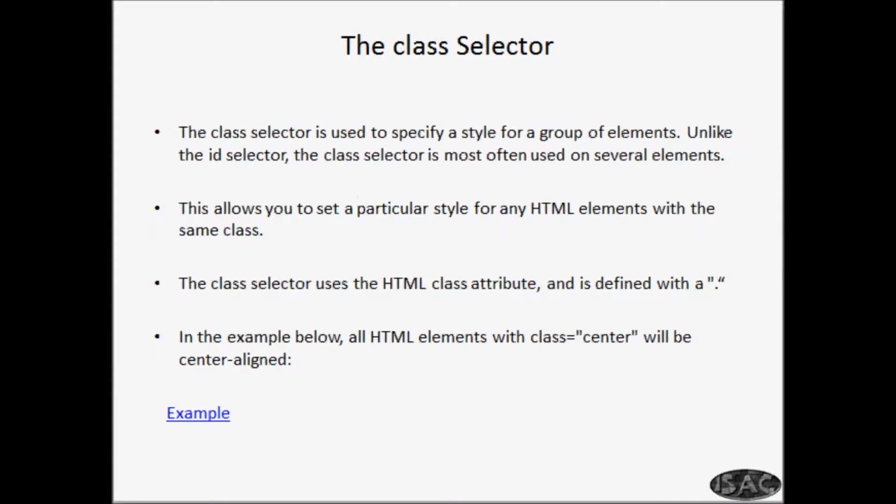The class selector is used to specify a style for a group of elements, unlike the ID selector. The class selector is most often used on several elements. This allows you to set a particular style for HTML elements with the same class. The class selector uses the HTML class attribute and is defined with a dot. In the example below, all HTML elements with class center will be center aligned.